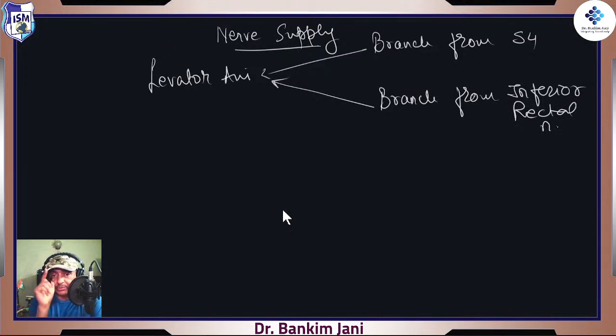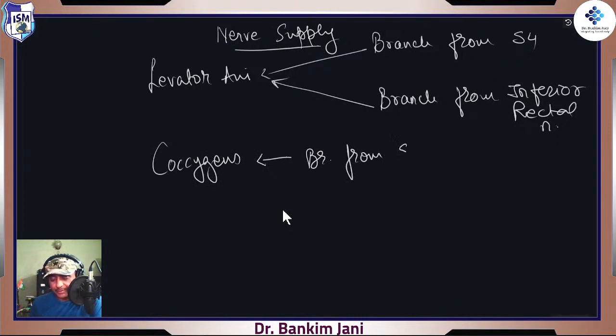Regarding the coccygeus, this is from the branch from S4 and S5. Both, in fact. This levator ani, its main function, would be support.